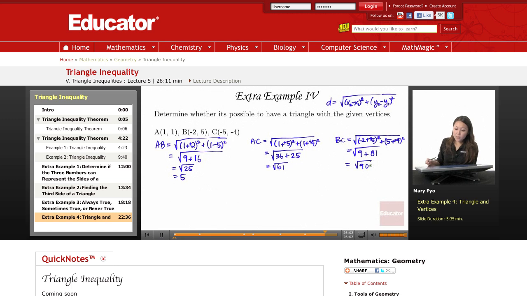Okay. Now, if you have a calculator, you can use your calculator to change this to decimal. That way you can compare these numbers with each other. If not, I can just estimate what decimal this is going to be. So if I know my perfect squares, I want to see what numbers this number falls between. Well, let's see. 7 times 7 is 49.